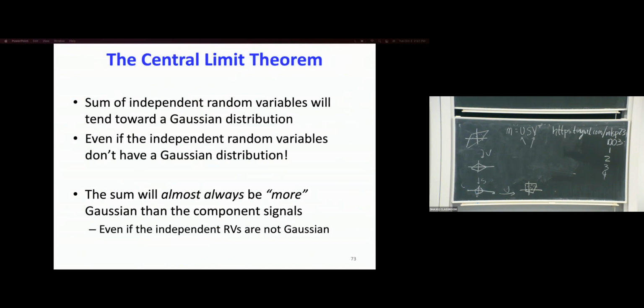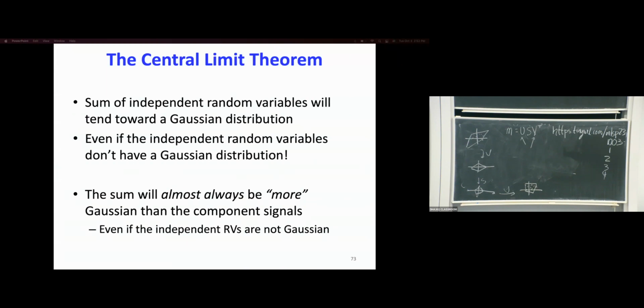I think everything after this is not needed for the homework. It's for your understanding. You know the central limit theorem: the sum of independent variables will always go towards a Gaussian distribution, and it's even true if the independent RVs are not Gaussian.